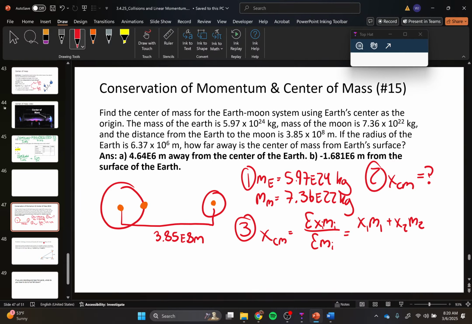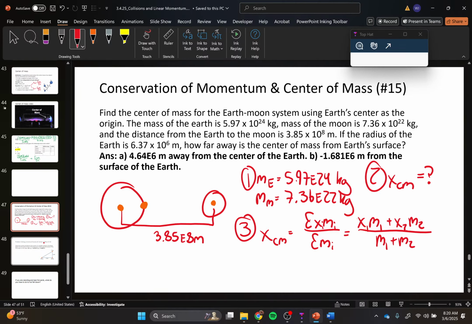If I had 7 objects, I'd just keep doing that. Plus x position of object 3 times mass of object 3, plus x position of object 4 times mass 4. And then you just divide that by the sum of the masses: mass 1 plus mass 2. So this is how you do center of mass.